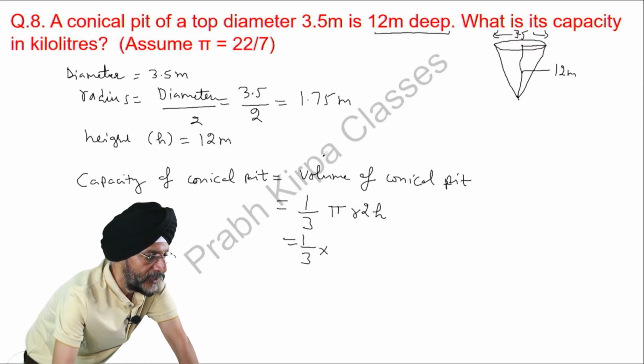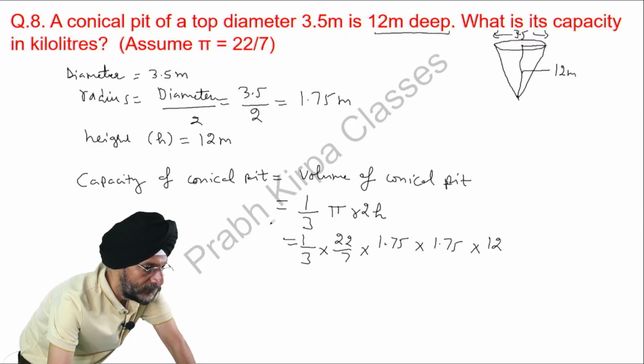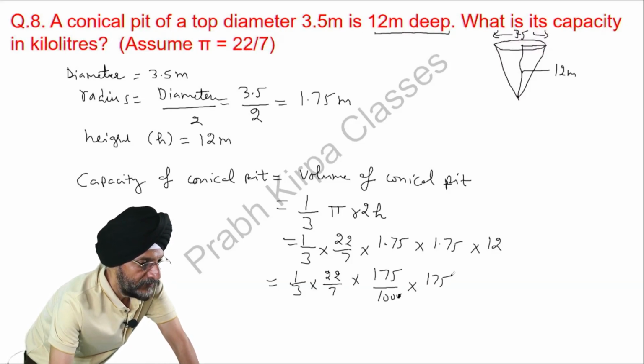What is the value of pi? It has been given as 22 over 7. What is the value of r? It is 1.75. What is the value of h? It is 12. We will solve it. 1 over 3, 22 over 7, 175 over 100, 175 over 100 into 12. We will divide both the sides by 25.